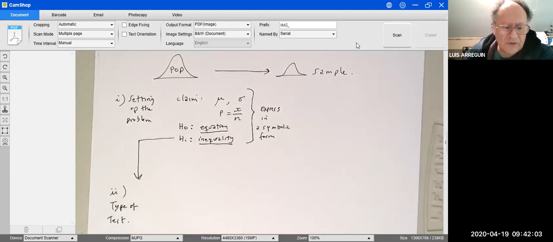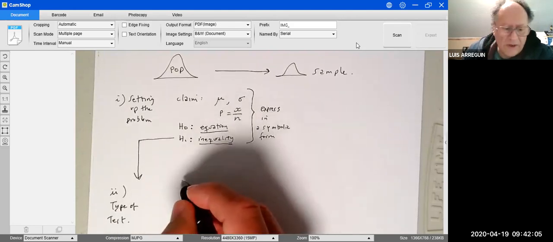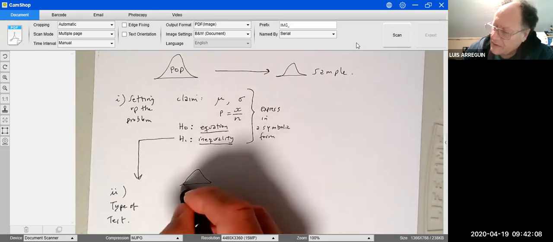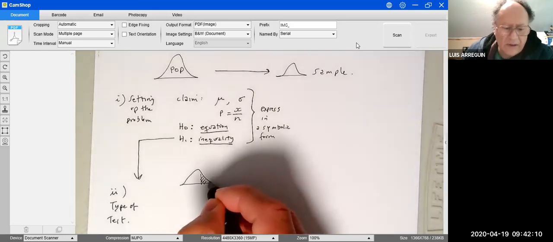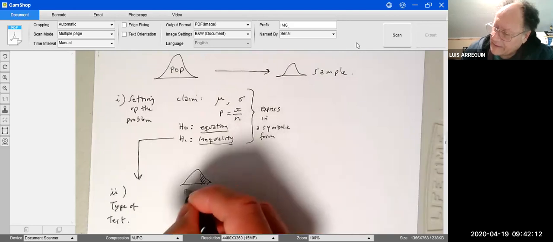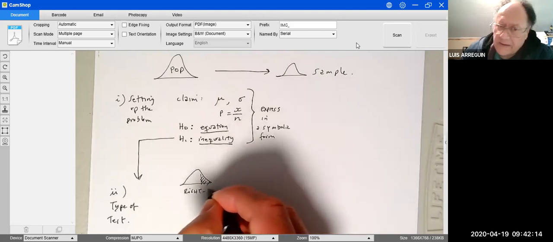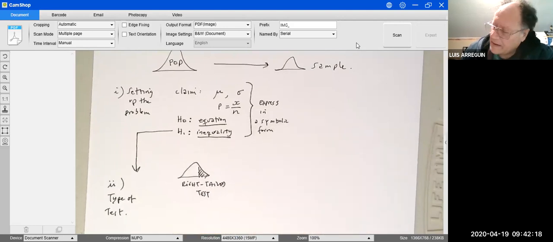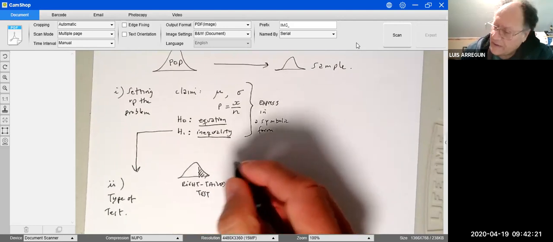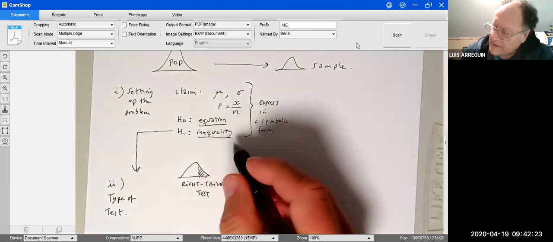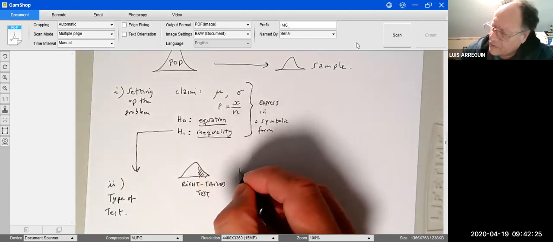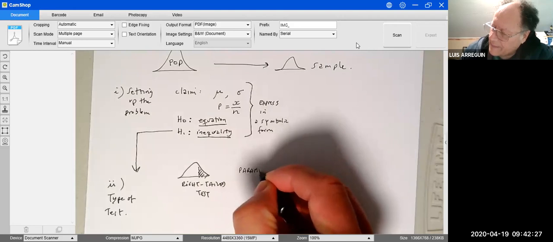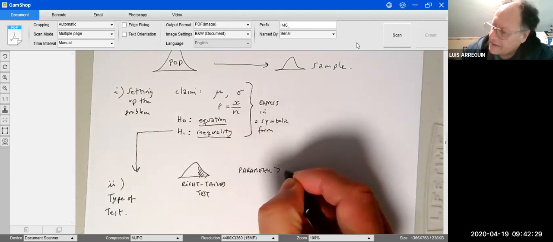So there are 3 possible scenarios. In one case, we're going to have what we call the right tail test, which is basically when the alternative is written in the following way. We have a parameter greater than a value.